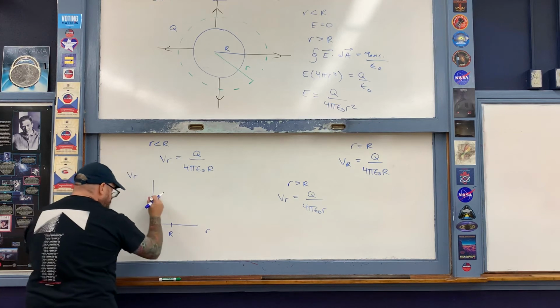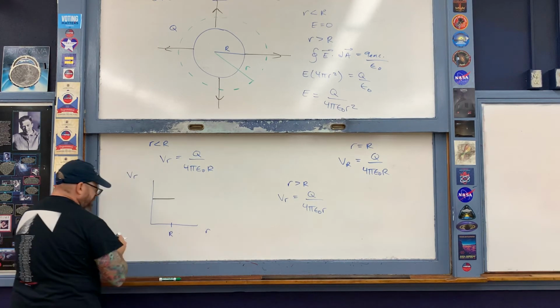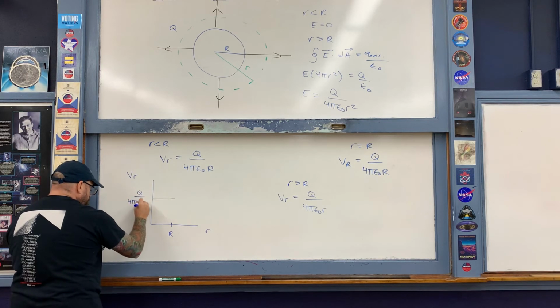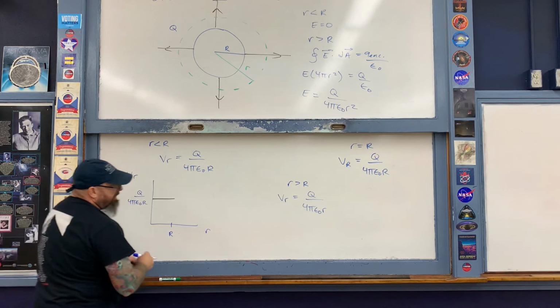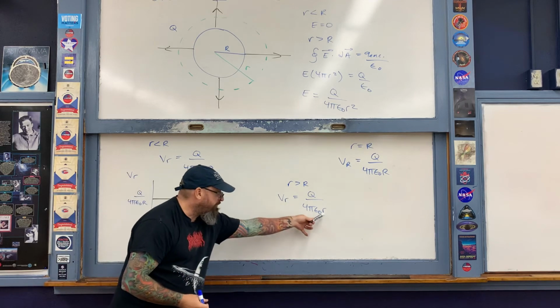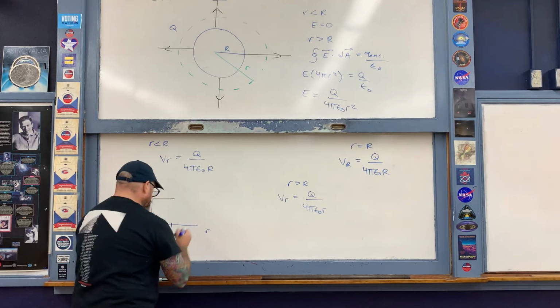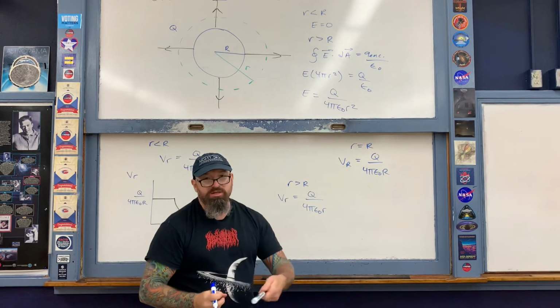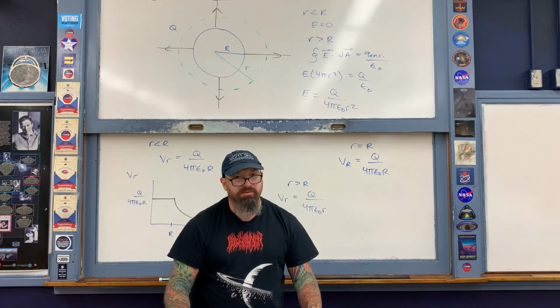So we have a horizontal line at that value like so. So right over here is the potential at that value. And then as we go outside of the sphere, the potential drops off as a 1 over r relationship, essentially looking something like this. And then the potential at infinity, once again, is equal to 0.